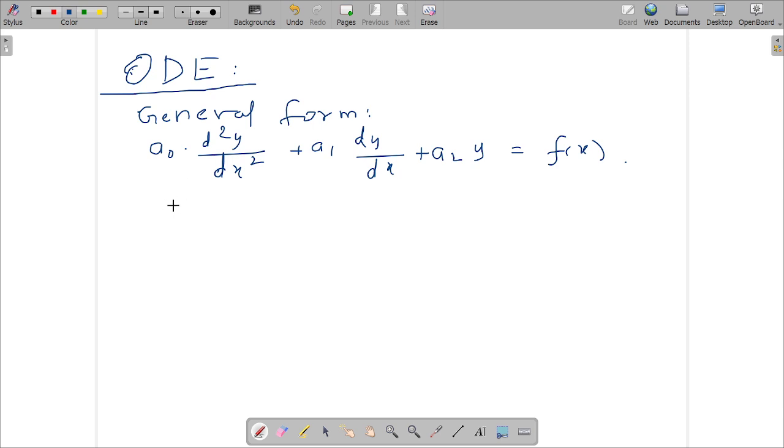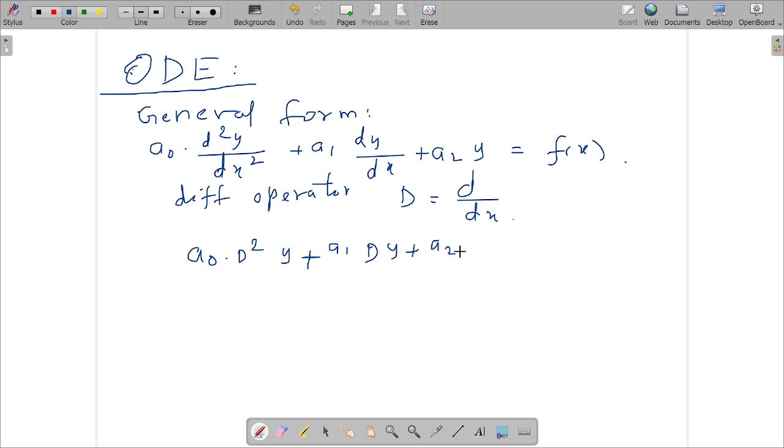Here, if we take the differential operator D as d by dx, then the equation becomes a naught D square y plus a1 D y plus a2 y equal to f of x. Yesterday we already started this, but a few students were absent for the last class, so we recap for 10 to 15 minutes how to find the complementary function and particular integral.